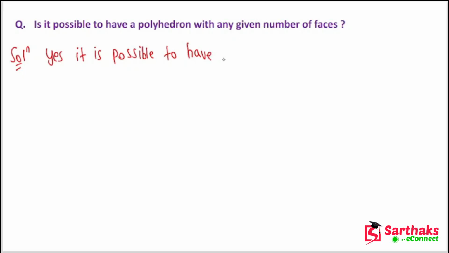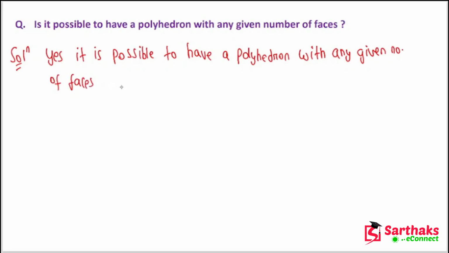Yes, it is possible to have a polyhedron with any given number of faces, but they should be 4 or more, right?